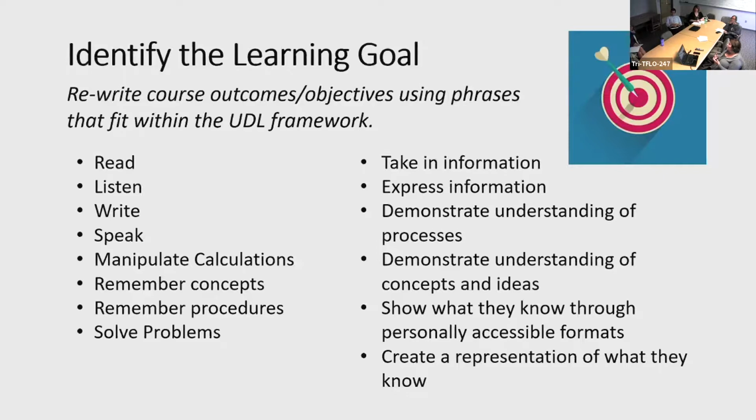Rethinking the goals of your course is important because we can help engage those students in different ways, and we can help them be successful despite their different needs, whether they're an English language learner and writing in English might be a struggle for them, or they have a learning disability, or whatever their needs might be. If we can look at what we truly want them to be able to do, that's how we might want to write our student outcomes.